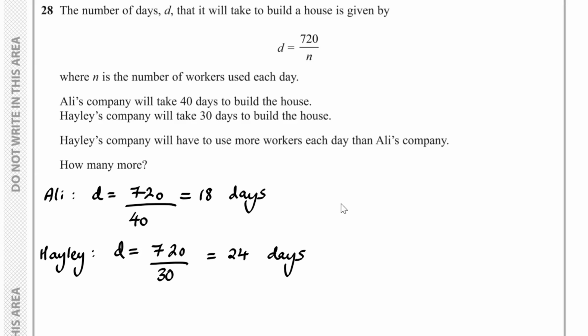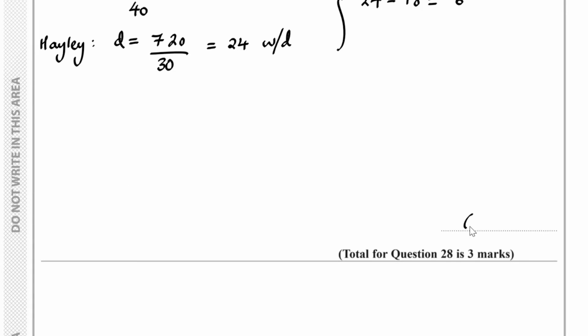And therefore the number of workers each day is, sorry, if we be a bit more technical with our units, this is workers per day. Okay? So therefore, the difference between these, 24 minus 18, that's equal to 6. So we have 6 workers per day.